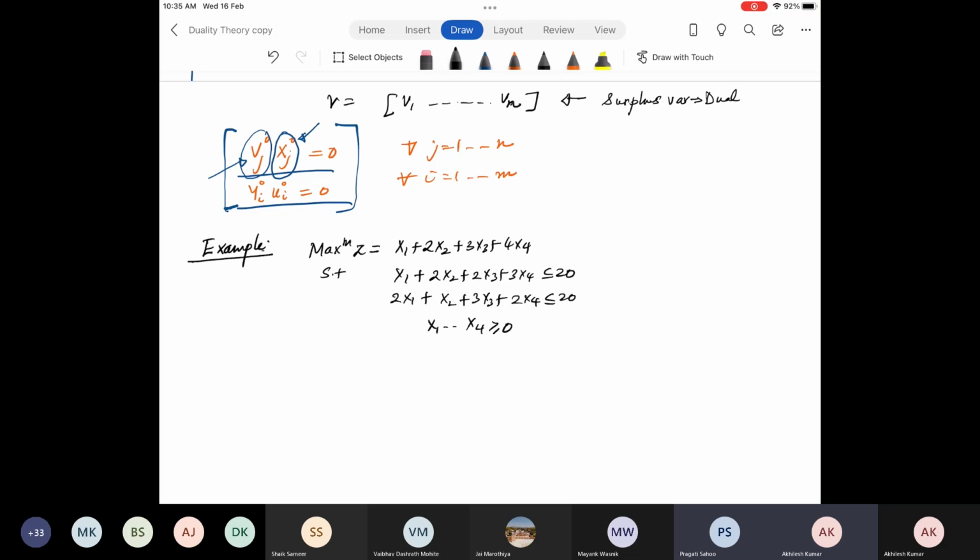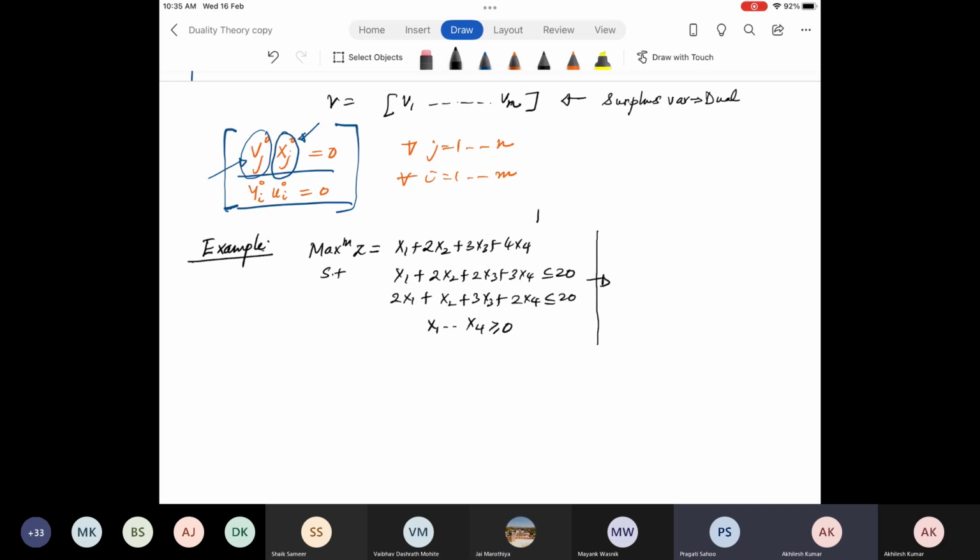Now you want to solve this problem. How can you solve it? Simplex, right? How many variables do you need to deal with? 4. Forget the slack variables. 6.